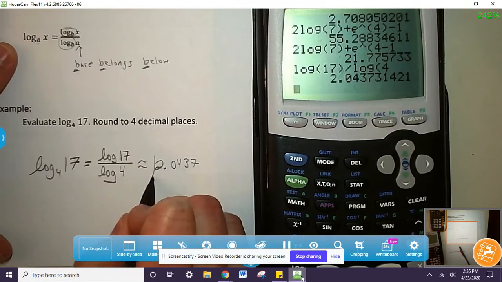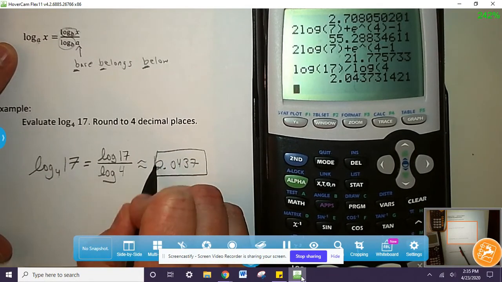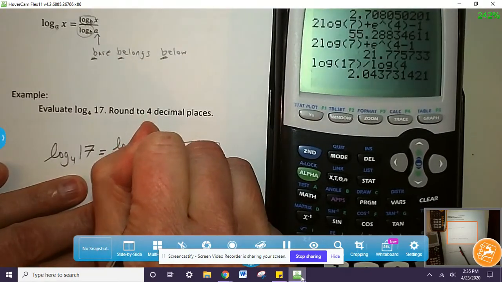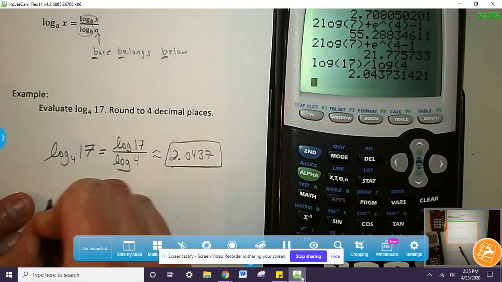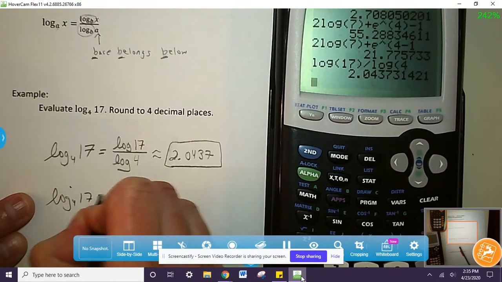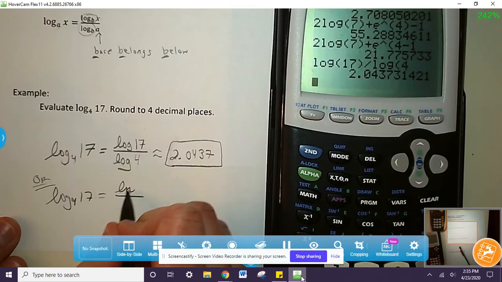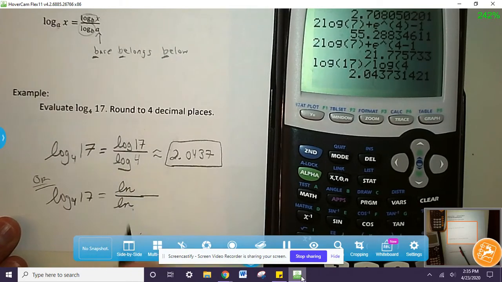You can choose any base you want. I think you guys probably like common log best, but we can do this with any base we want. So I could redo the same problem using a different base. If I wanted to redo this using natural log, if I for some reason don't like base 4, I can pick a new base. I create a fraction with whatever log, whatever base I want, top and bottom.